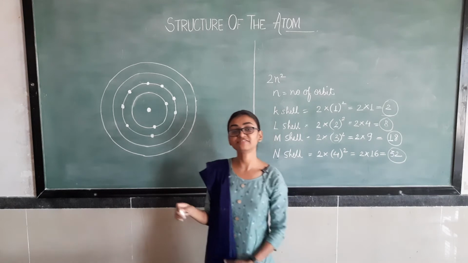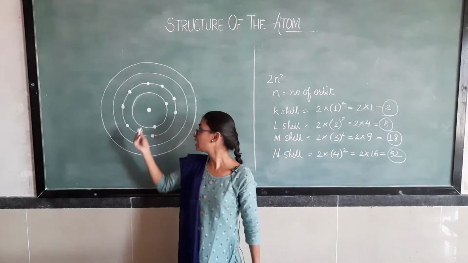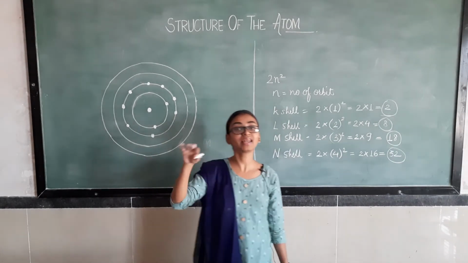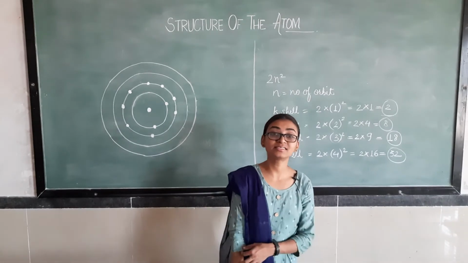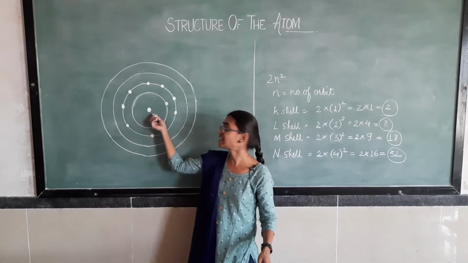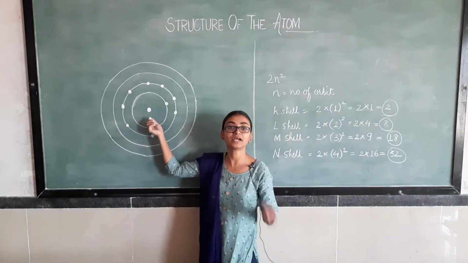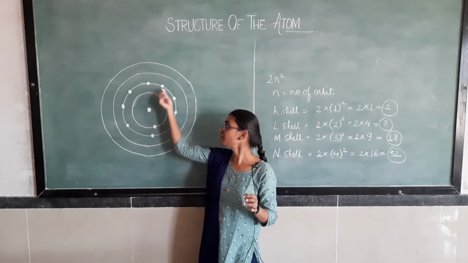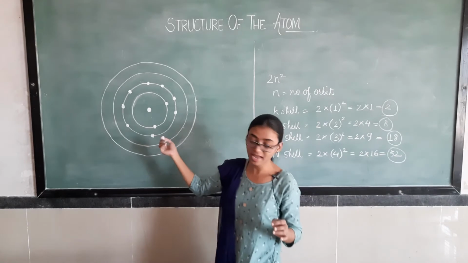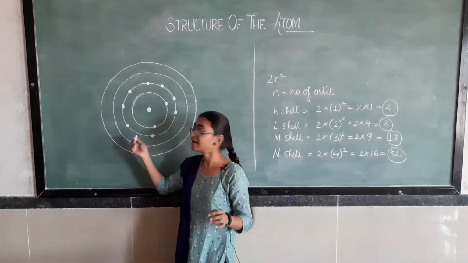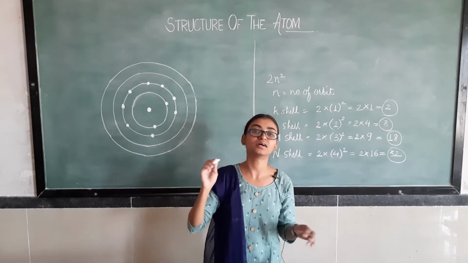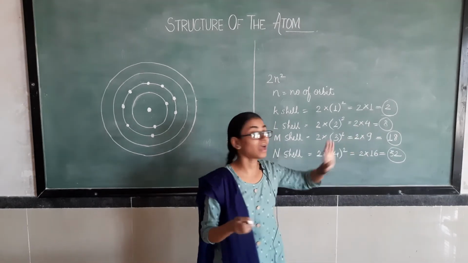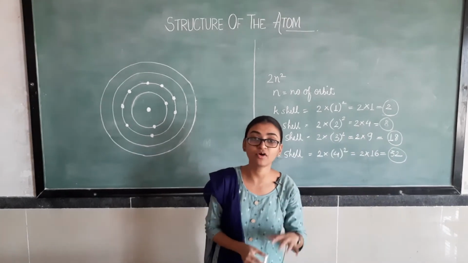As we have seen in the case of helium, helium has a stable electronic configuration as it has the maximum number of electrons present in that orbit as required. In the same way, neon also has 8 electrons in its L shell, and it has the stable electronic configuration.